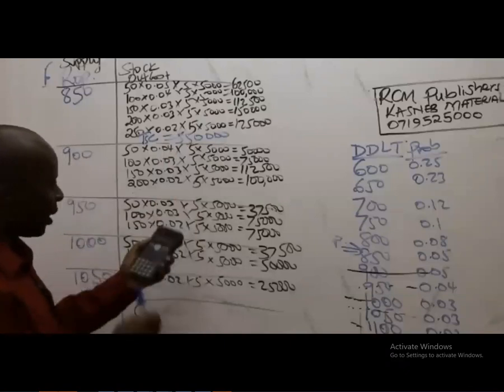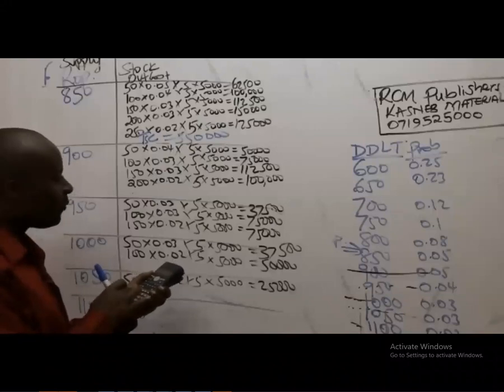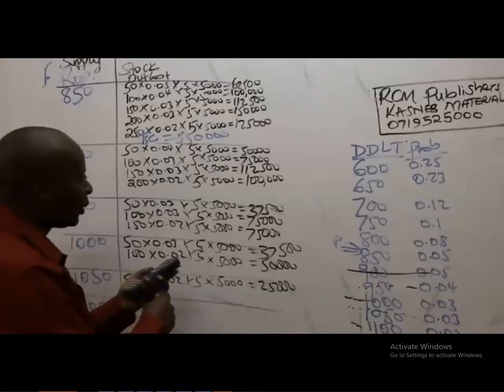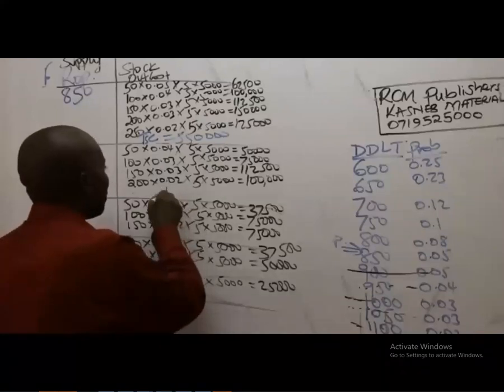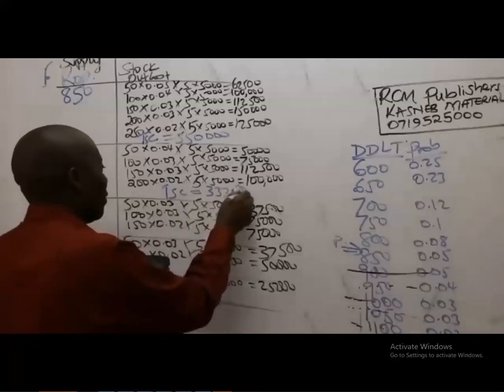The second one, we have 50,000 here, plus 75,000 there, plus 112,500, plus 100,000, which will end up giving us a total stock out cost of 337,500.